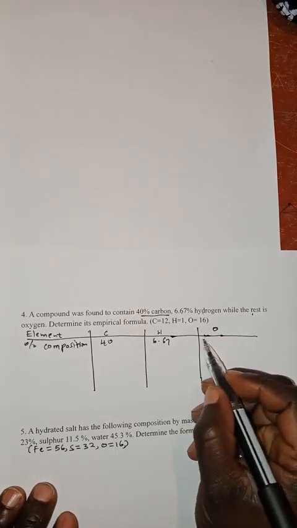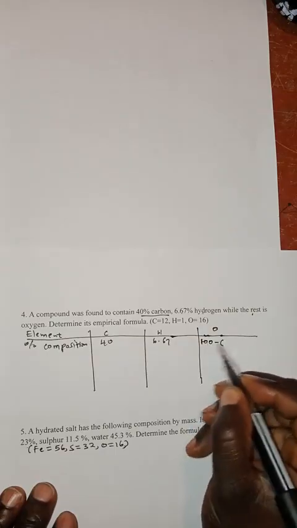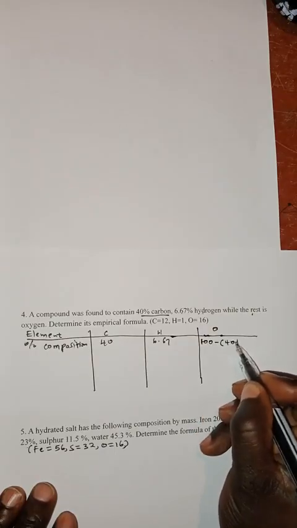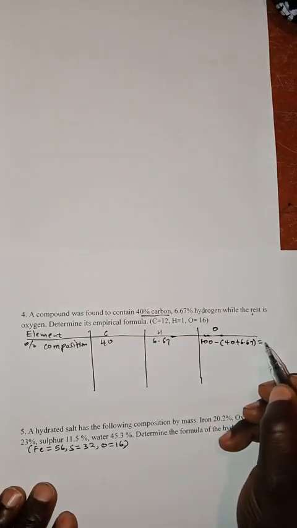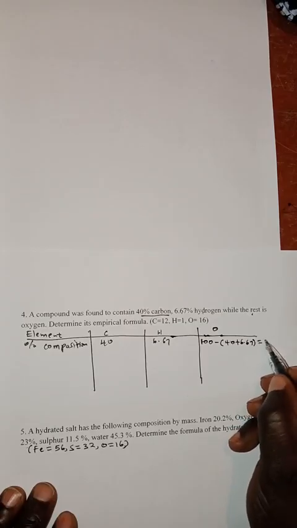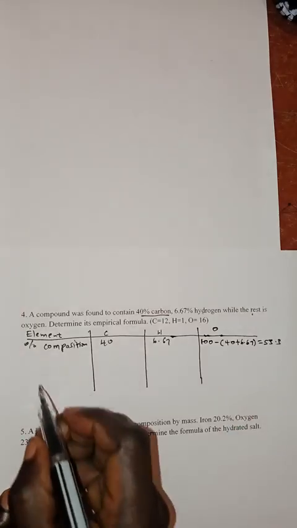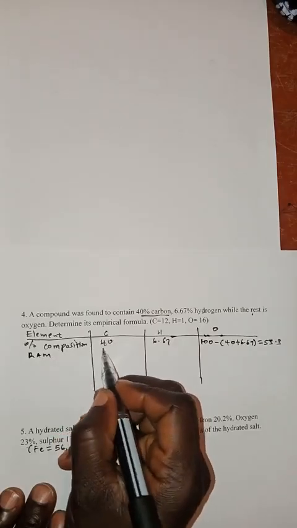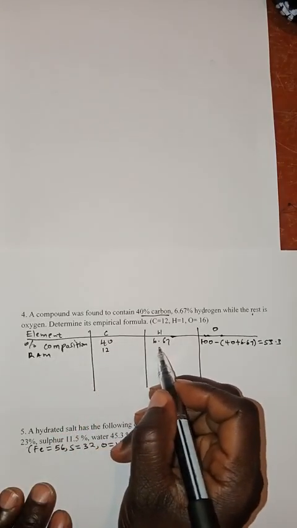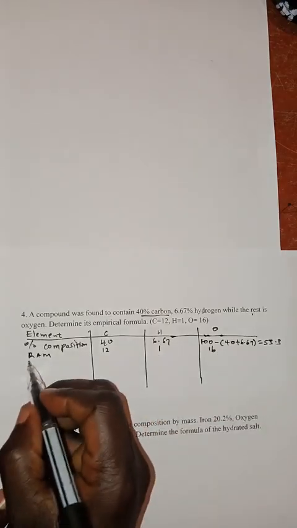So to get the percentage of oxygen is going to be 100 minus (40 plus 6.67), so that you get 53.3%. Then the relative atomic mass for carbon is 12, hydrogen is 1, oxygen is 16.